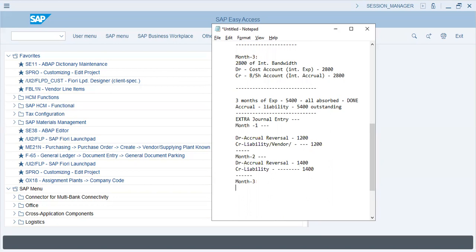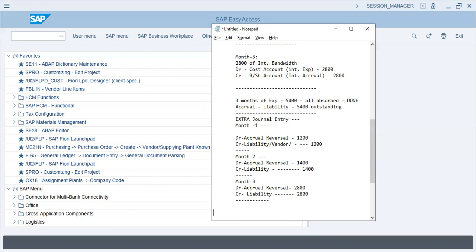Month 3, accrual reversal. Month 3, 2800. 2800 credit liability, 2800.